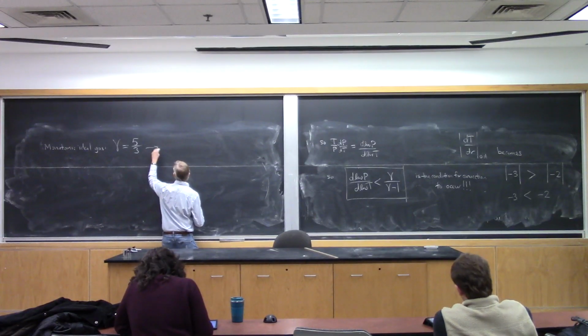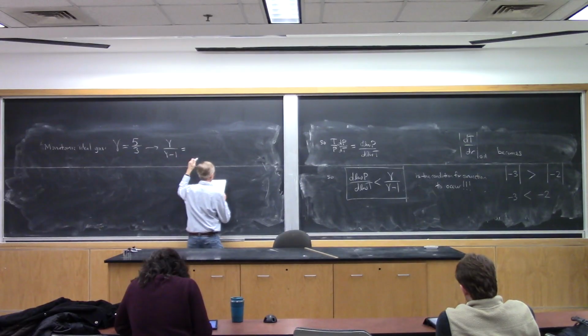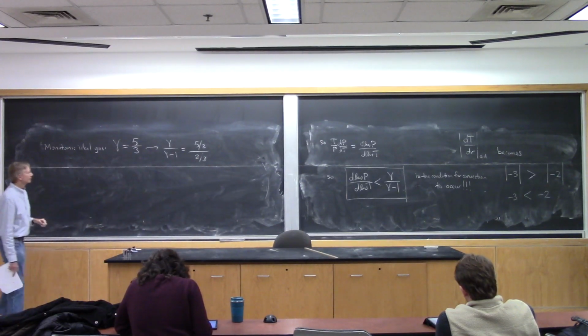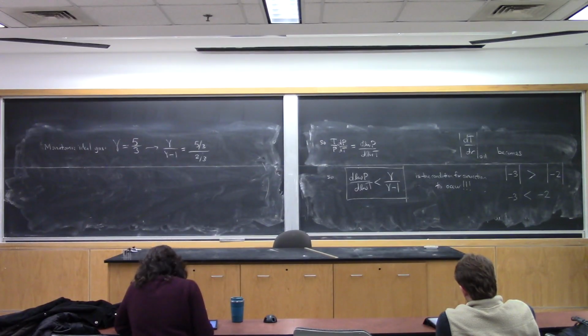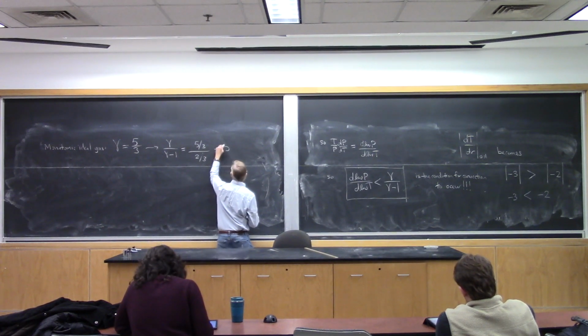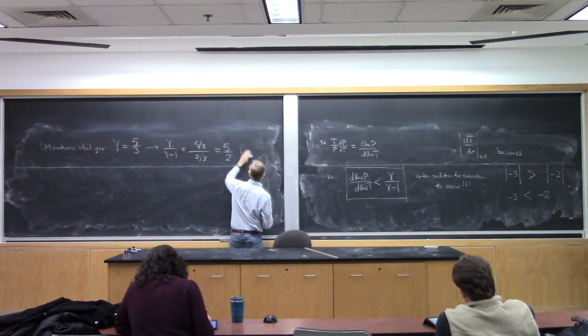So that says gamma over gamma minus 1 is going to be 5/3 over 2/3, right? Because 5/3 minus 3/3 is 2/3 on the bottom there, equals 5/2, affectionately known as 2.5.